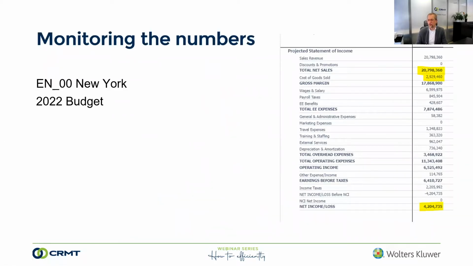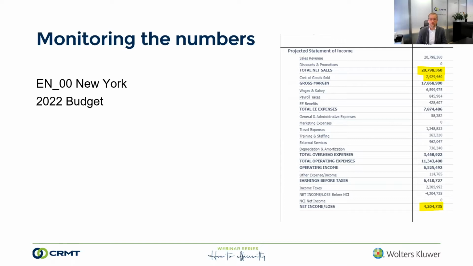I would like you to focus on the following numbers. These are the numbers that we will be changing today, just to show you how you can play around with the numbers. On the right-hand side we have a simplified profit and loss statement, or P&L. From that P&L report, we will be focusing on total net sales, which for this New York entity is $20,798,360.